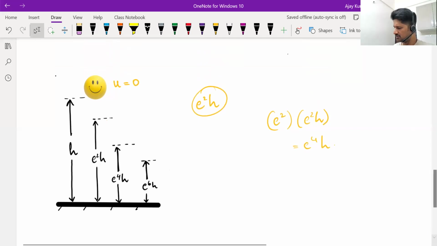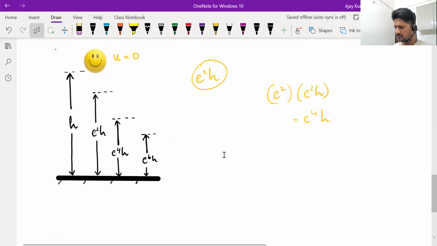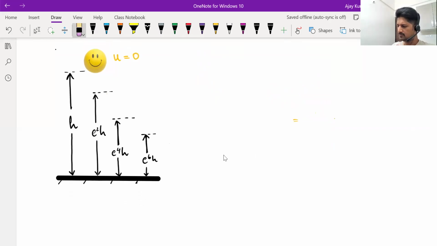Now in this same situation, if e is non-zero, e square h, e power 4 h, e power 6 h will all be non-zero values. But the height will keep on decreasing. At one point, we won't even be able to notice the bounce in a real life situation.